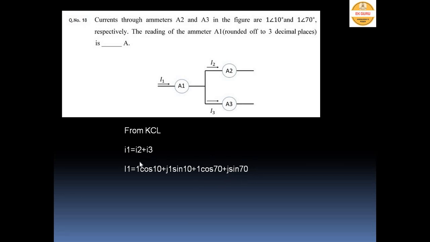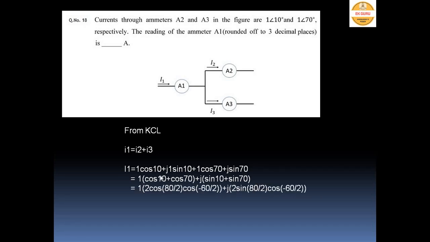We have to simplify like this because a calculator is not allowed in GATE examinations. So we have to simplify using trigonometric equations. We write the equation like this: 1 times cos 10 plus cos 70, separating the real terms and imaginary terms, plus j times sin 10 plus sin 70.